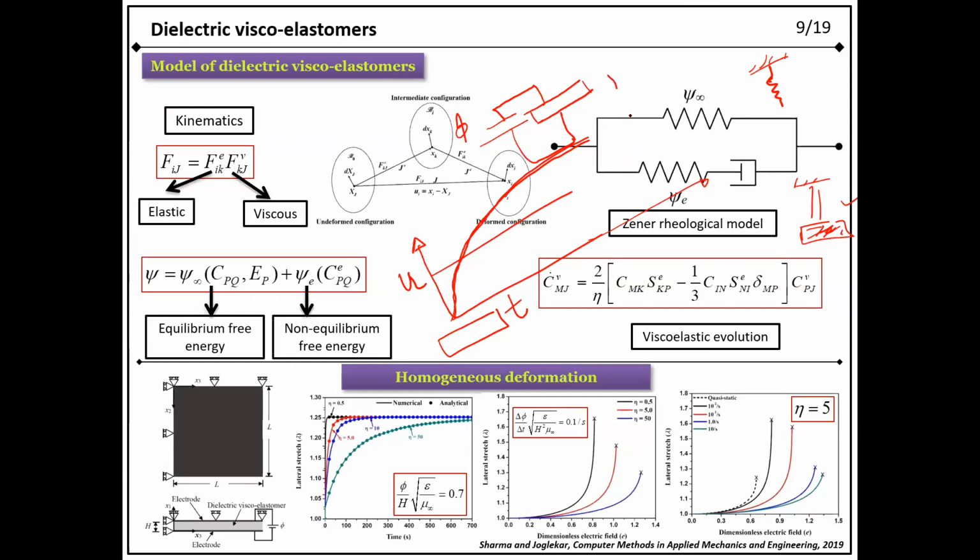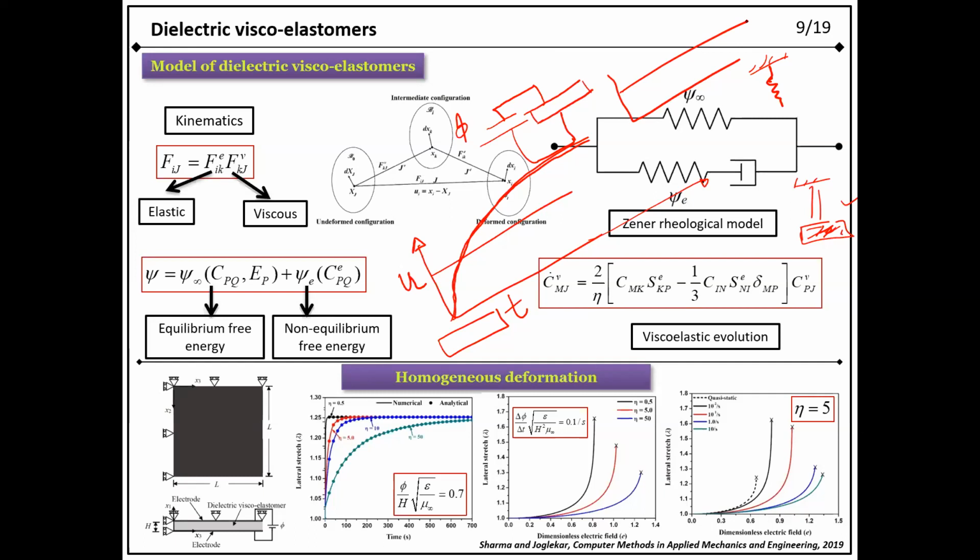Okay, even though we are not increasing the potential difference. For the constant potential difference, we can also exhibit the time dependent response. Okay, so we can say that these materials also exhibit the viscoelastic behavior.